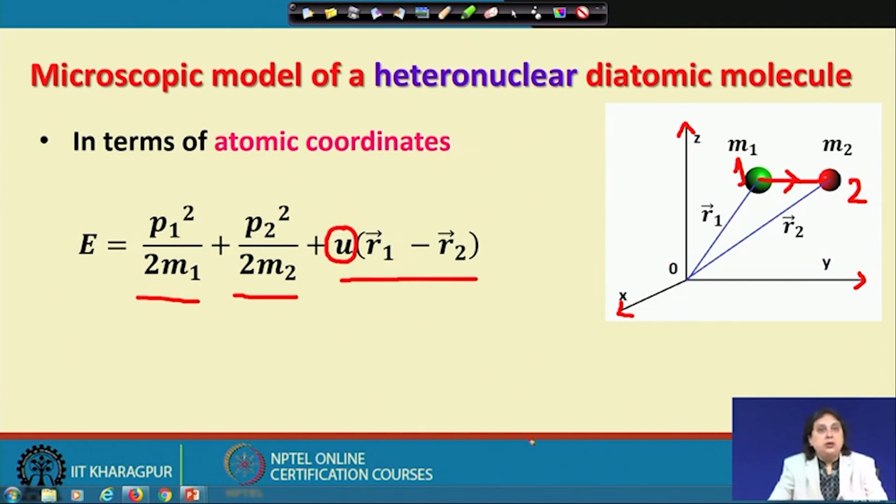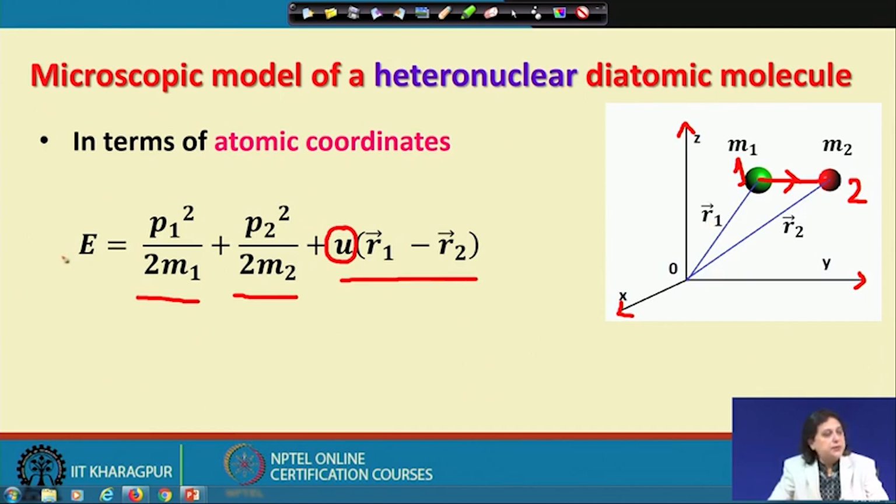Okay, so I can write down the heteronuclear diatomic molecule energy in terms of atomic coordinates, as you see here the coordinates R1 and R2, and these are dependent on x1, y1, z1 and x2, y2, z2.